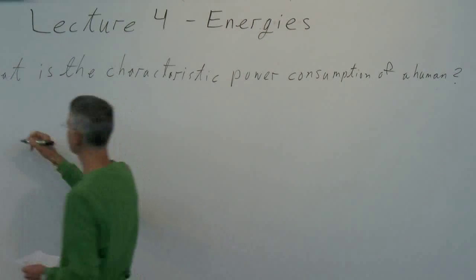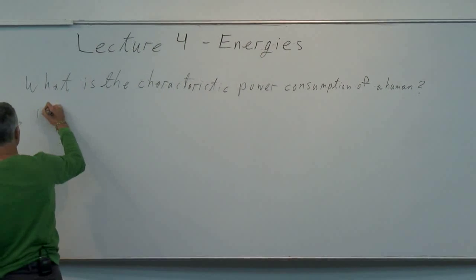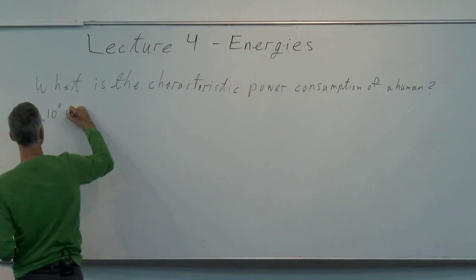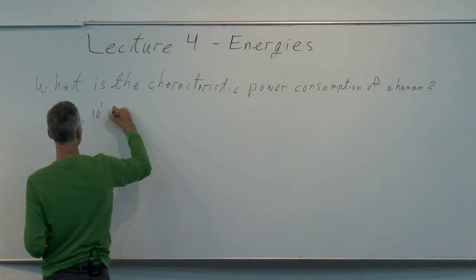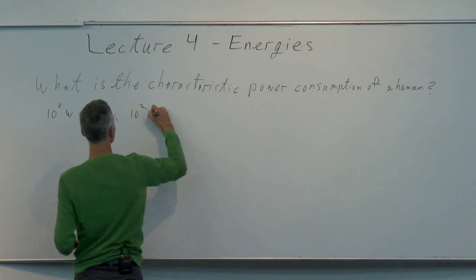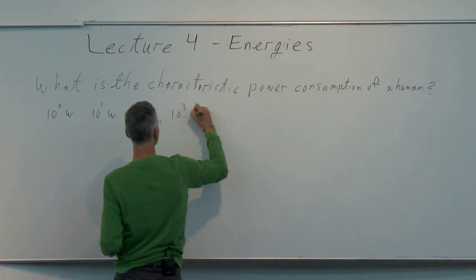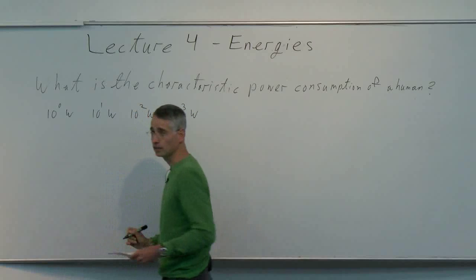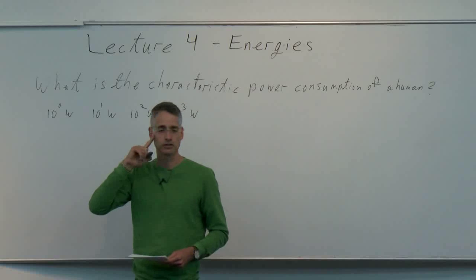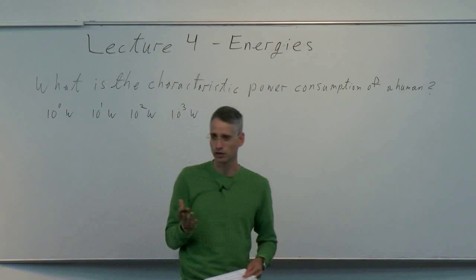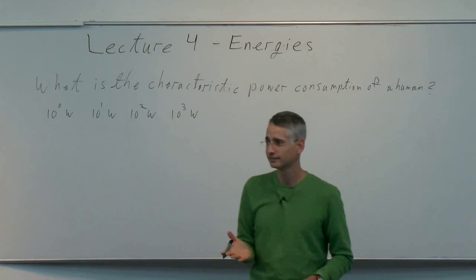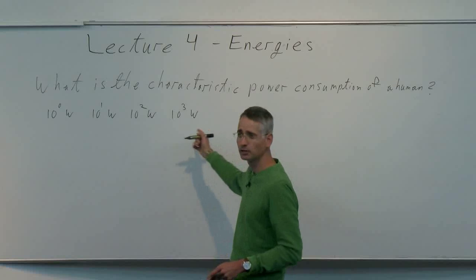And we had a few options for that. That was, I guess, 10 to the 0 watts, 10 to the 1 watts, 10 to the 2 watts, and 10 to the 3 watts. But then I guess it's useful to remind us all what is a watt, right? So what is it? Something with joule, right?